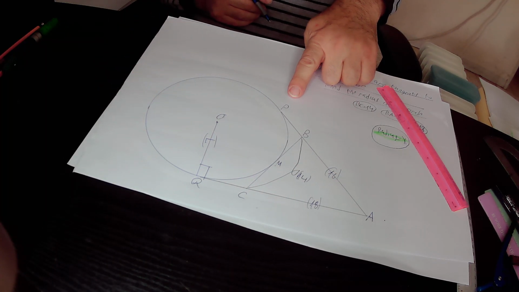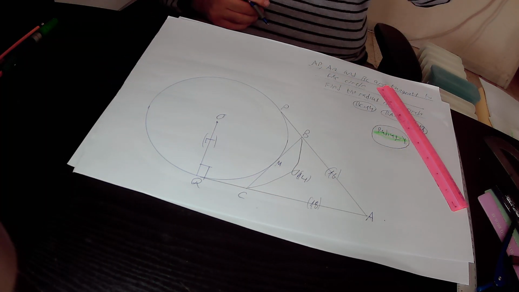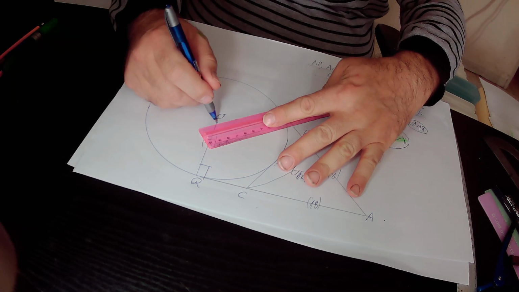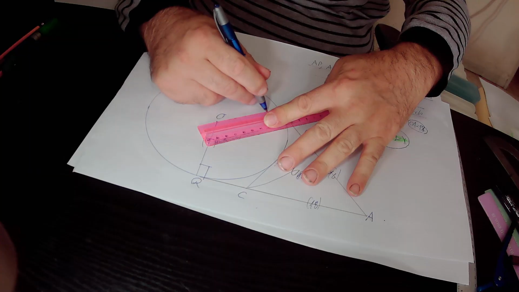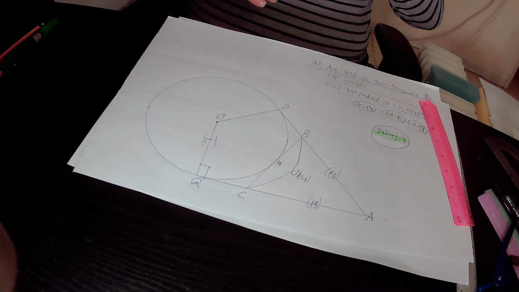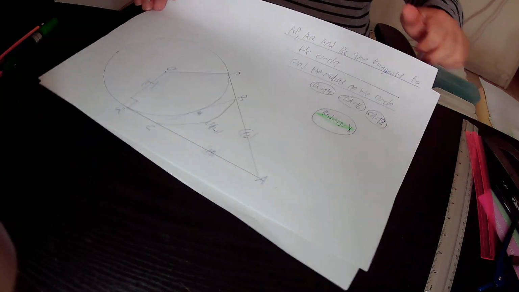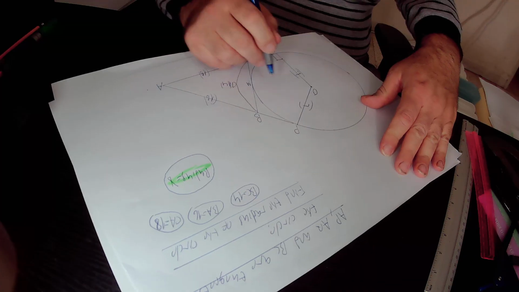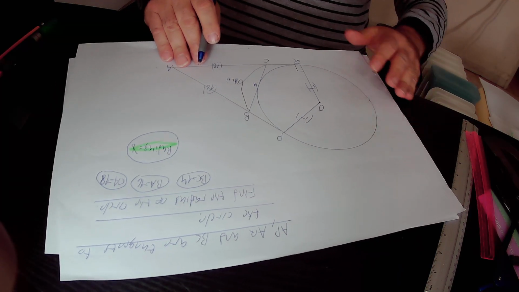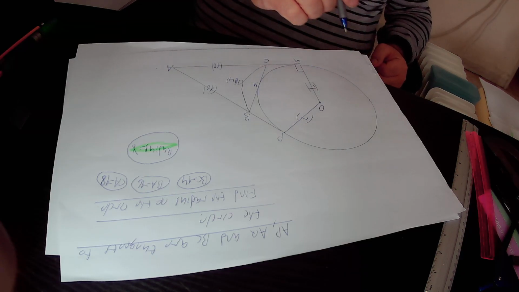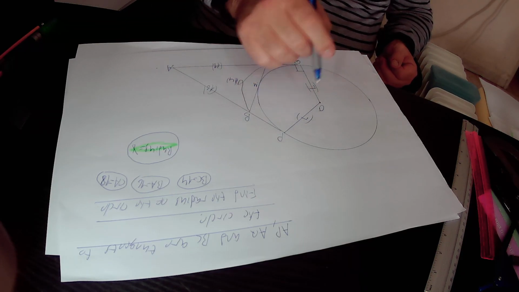Point P is the point of tangency of tangent AP with this circle. So we join points O and P together by a straight line. OP is of course the radius of this circle, that is equal to R. The radius OP is drawn to point P, the point of tangency of tangent AP with this circle.